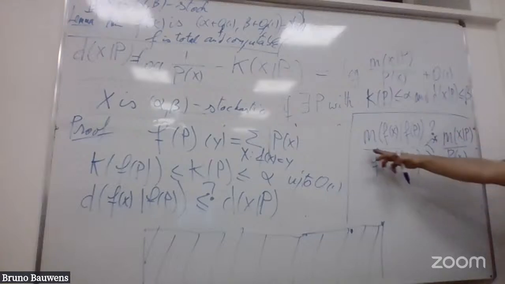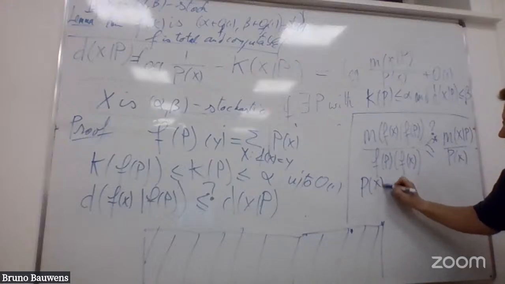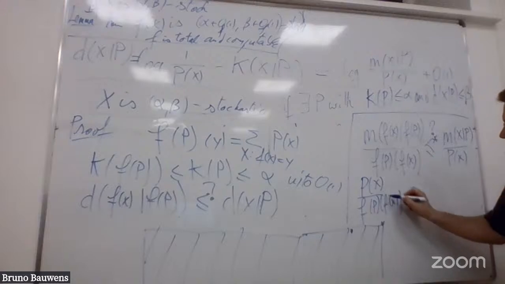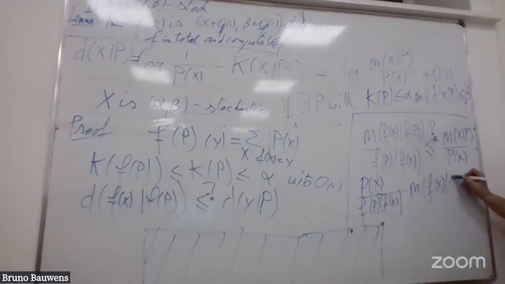So we have p of x divided by f of p of f of x, and then there is m of f of x given f of p. And I need to prove that this is smaller than m of x given p.